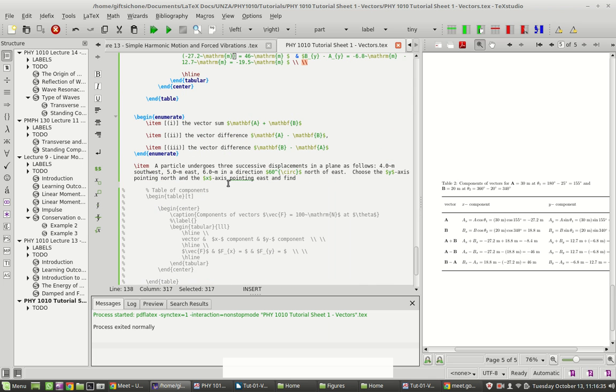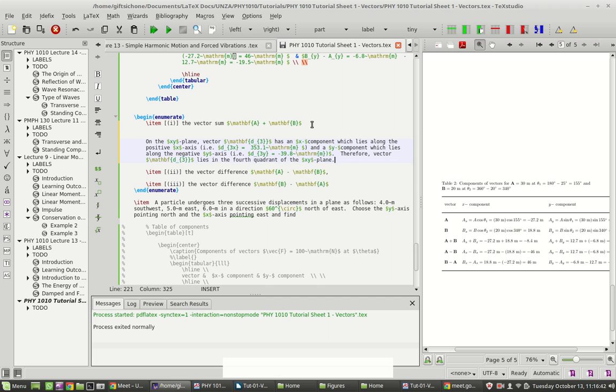I'll do the same argument. On the xy plane, vector a plus b has an x component which lies along the negative x-axis, and a y component which lies along the positive y-axis.